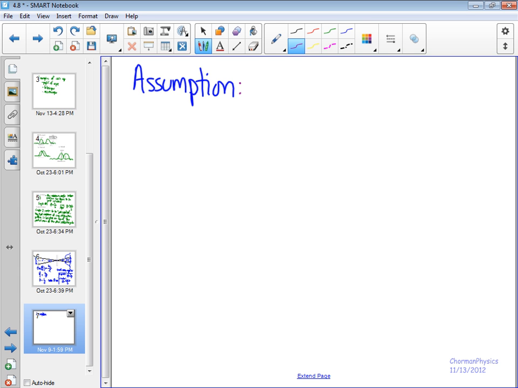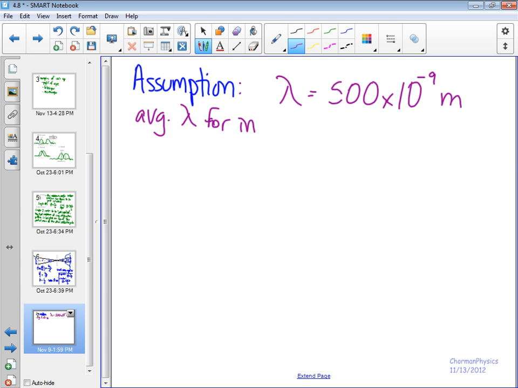Very quickly, we have to make an assumption, and that assumption is that our light has an average wavelength of 500 nanometers. This is the average incoming wavelength for the light coming in.